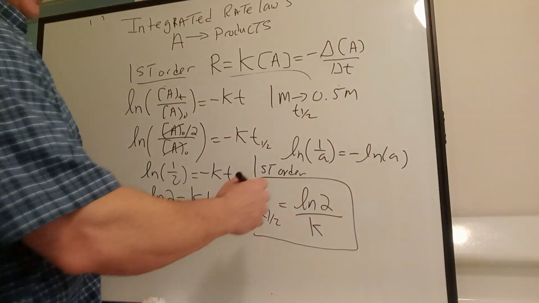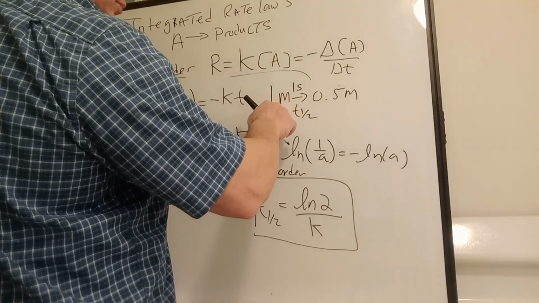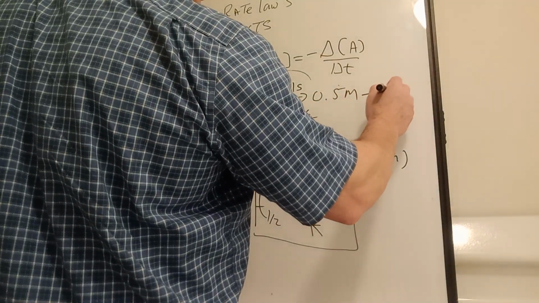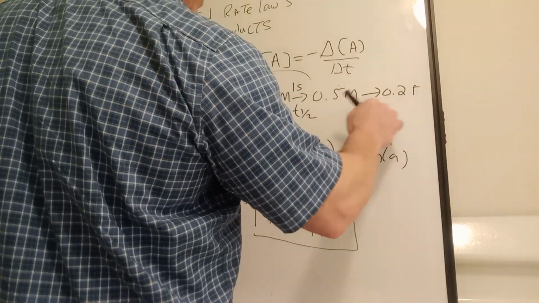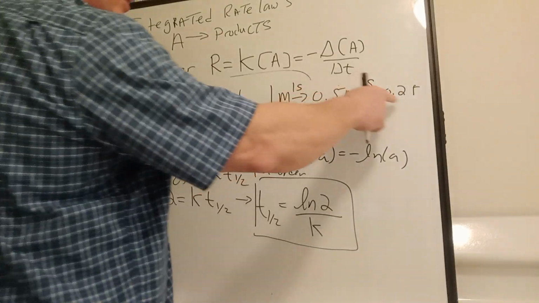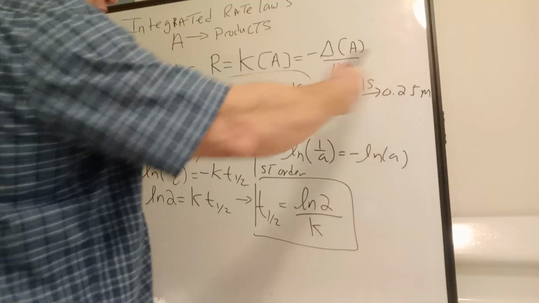Meaning, whatever the time is, let's say it's 1 second to go from 1 molar to 0.5 molar. To go to 0.25 from 0.5 is only another 1 second. To go from 1 molar to 0.25 molar would be a total of 2 seconds.